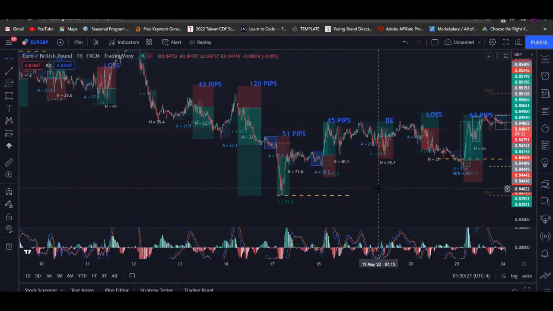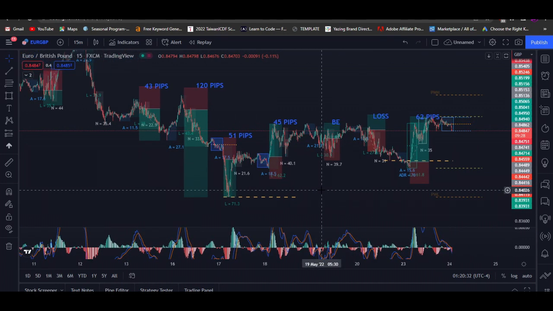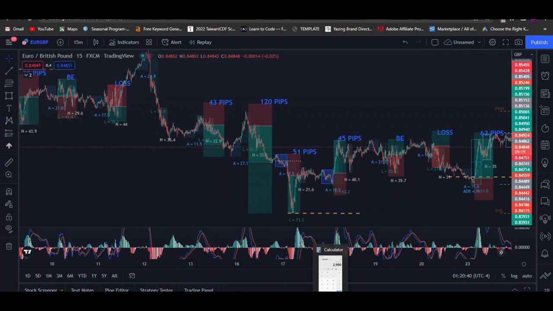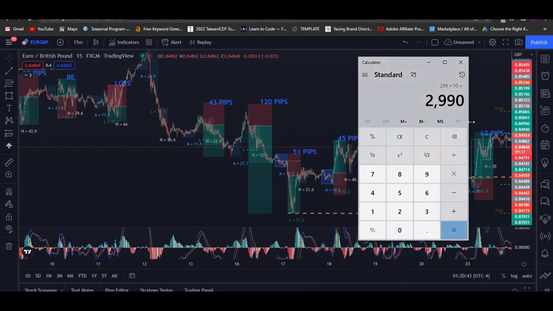And based around how I trade up to 9 different currency pairs, this number adds up a lot, to be way over 1,000 pips a month. Way over that.